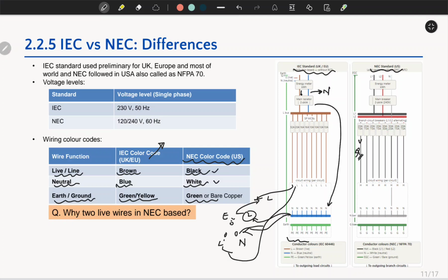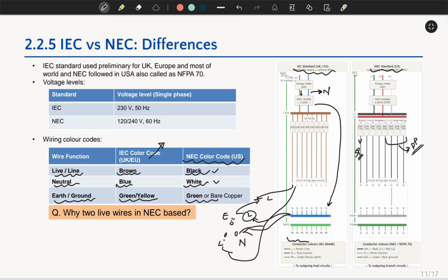But for loads with a requirement of two lives, for the 20 ampere circuit in NEC especially, I will be using a DP, a double pole MCB, to break both the lives in case of any maintenance or any fault. So it is the same as what we have seen in IEC. We will look at the circuit connection in detail later, but for the sake of clarity I have shown the main differences here.